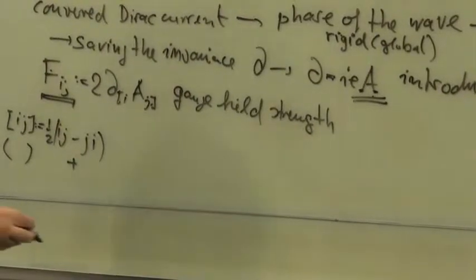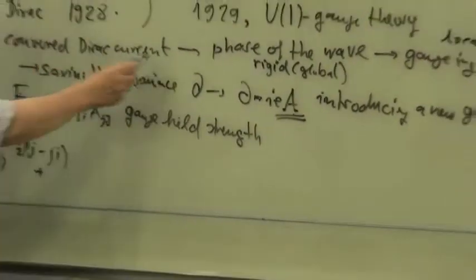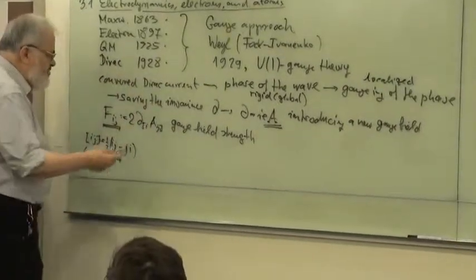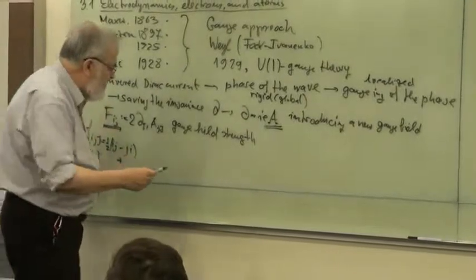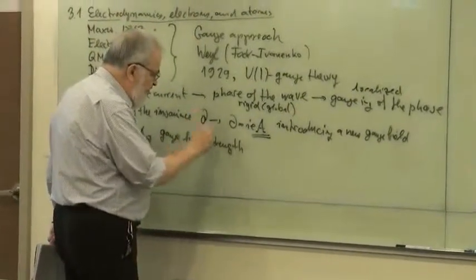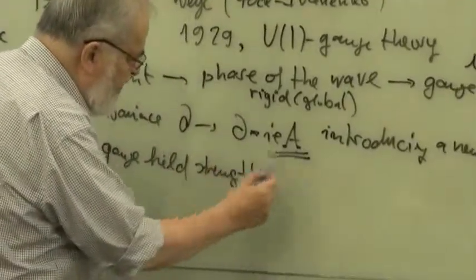In the new interaction you have the Dirac Lagrangian from which you started, and its invariance. Then, in place of the partial derivative, you have to introduce a gauge covariant derivative.